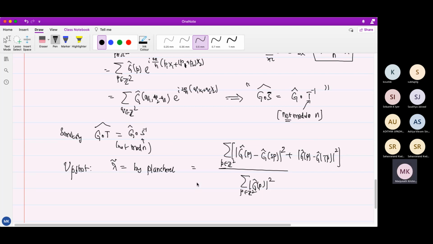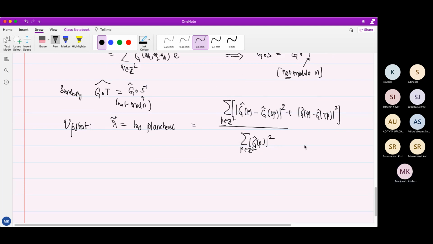Here S and T are defined not modulo n. That's all. So A plus B means A plus B in integers. Okay, so this is the upshot of this.